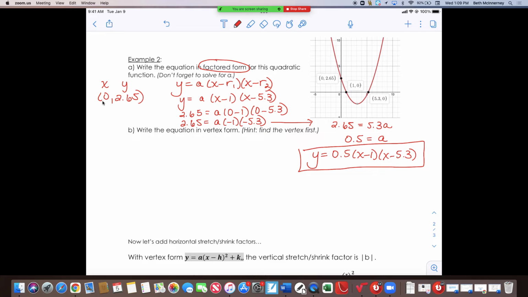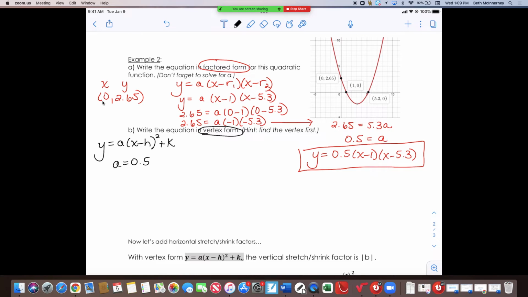All right, for those of you that were struggling with that one, does that make sense now? That's the important part. Maybe you're a little bit still iffy. All right, then I'm asked about vertex form. So I'm going to write this down. I know a.